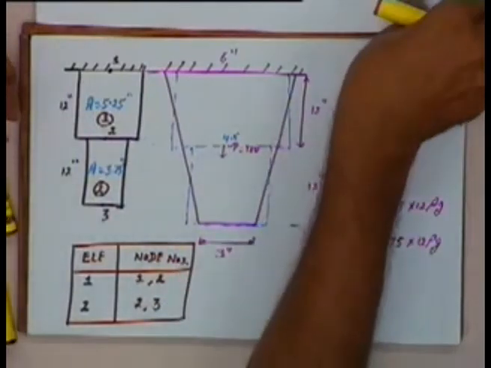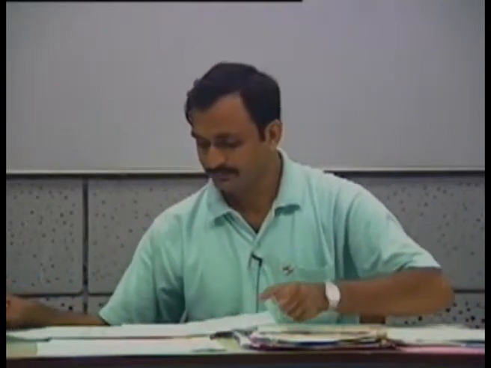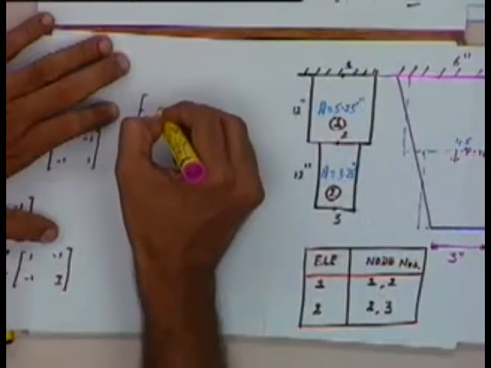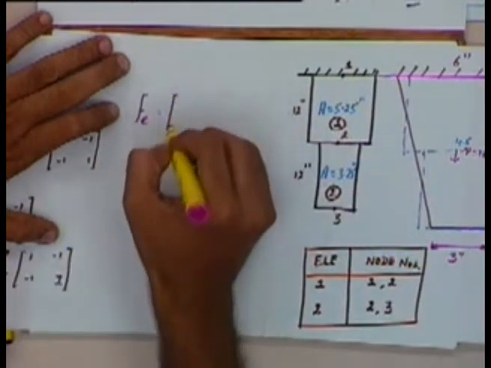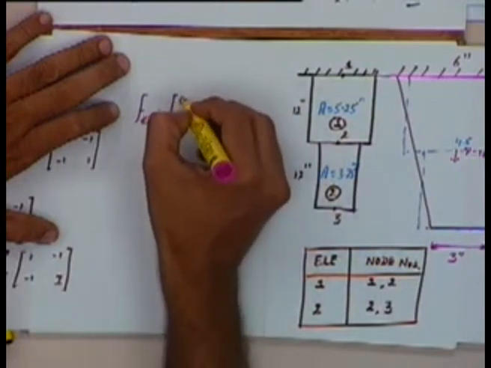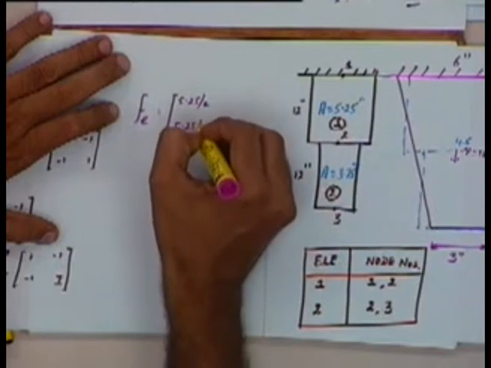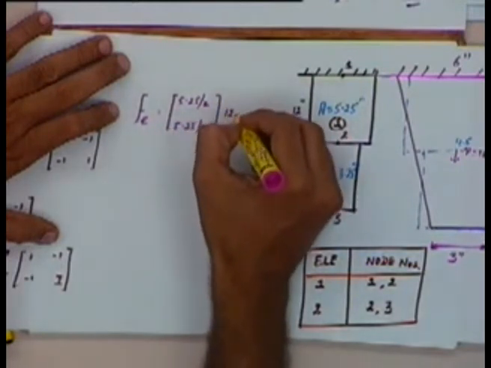Okay. So for the first element, Fe will be equal to F by 2 acting at both the nodes. So that will come out to be 5.25 by 2, 5.25 by 2 multiplied by 12 rho g.